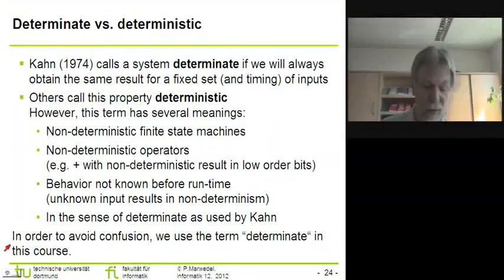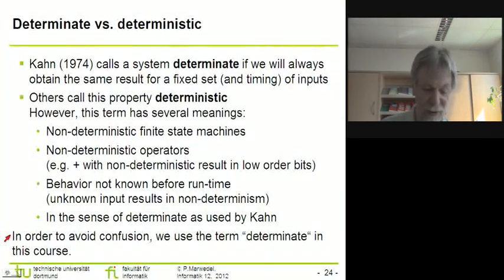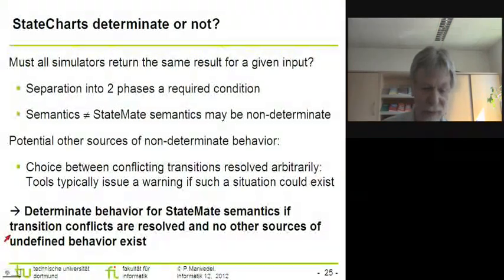So in order to avoid confusion, we will call the property that I described up here determinate. So we are saying that state charts under certain restrictions are determinate.